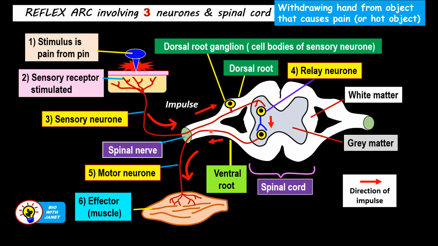Then the motor neuron will transmit the impulse to the effector, which is the muscle in this case, all right, so that the muscle in the hand or in the arm, for example, the biceps muscle can contract and bend the arm or move the finger away from the object, from the pin. All right, so there's a sudden movement of the hand away from the pin, and that is the reflex action. Okay, that involves 3 neurons: the sensory neuron, the relay neuron, and the motor neuron.